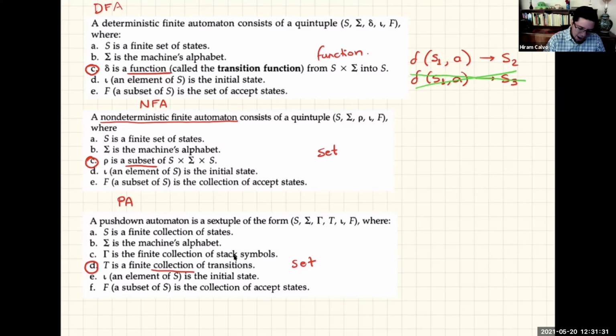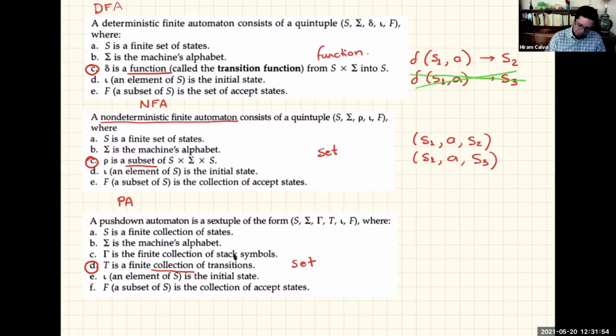How can I do this? Well, then I can change into a set. If I define a set such as saying, well, I can have S1, then A, then I go to S2, and also I can create another set that says, when I'm in S1 and there comes an A, I can also go to S3.